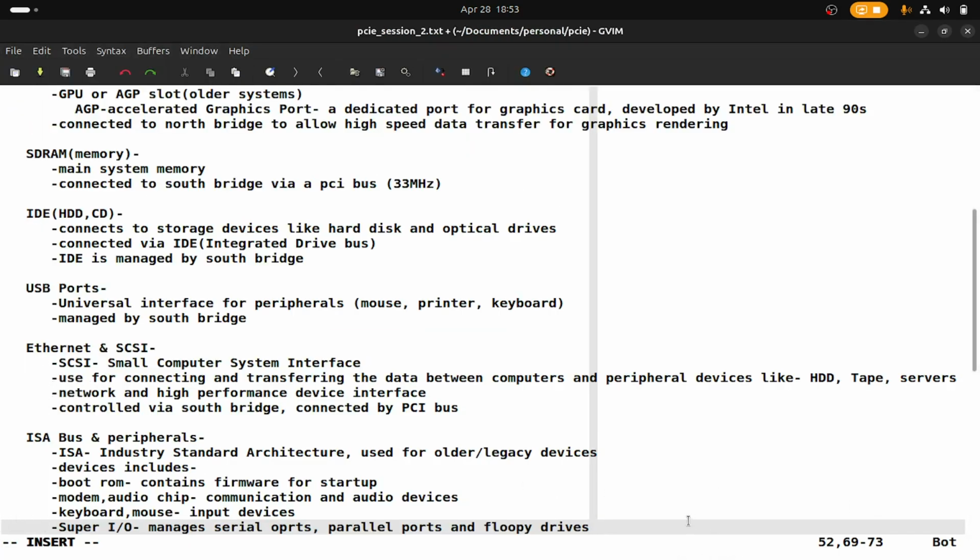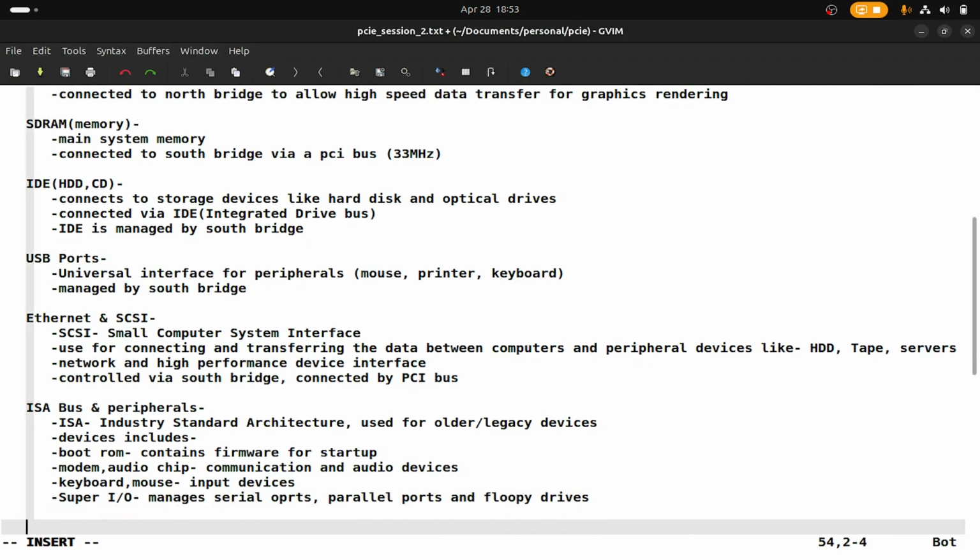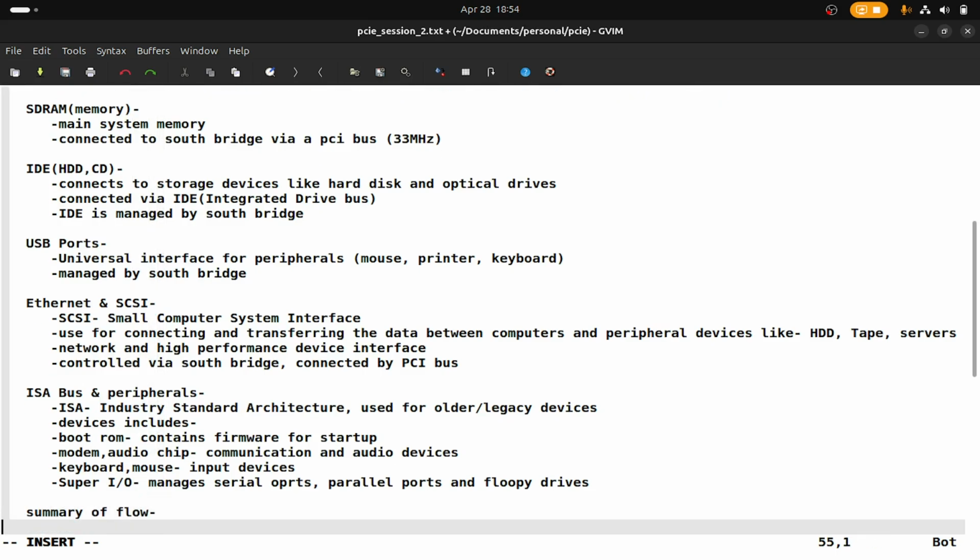So in a simple summary, in a single line, summary of flow. First of all is the CPU. Fine. CPU will communicate with North Bridge.